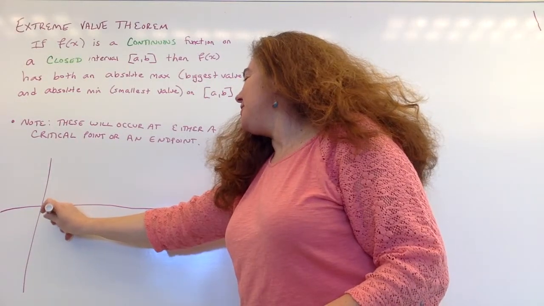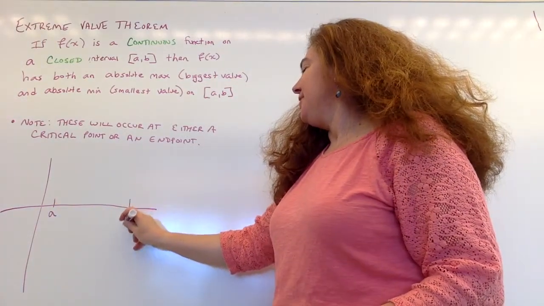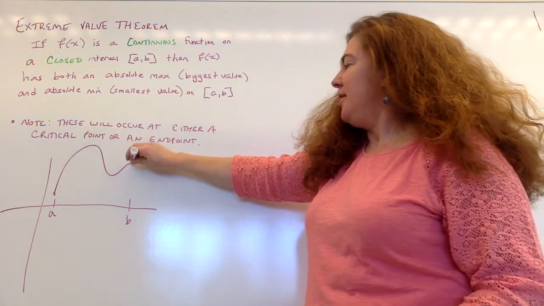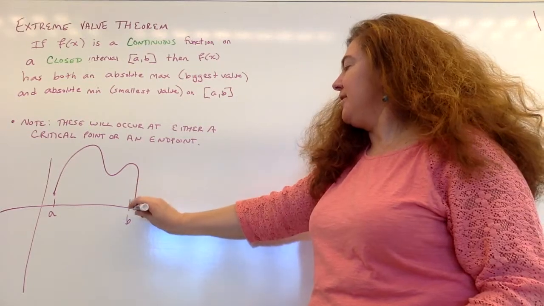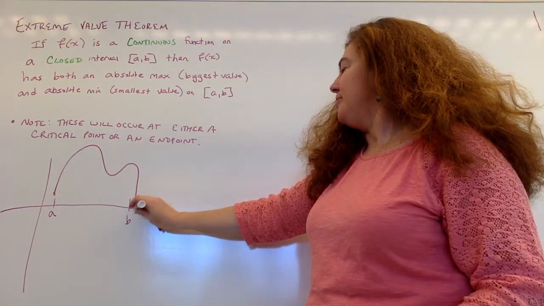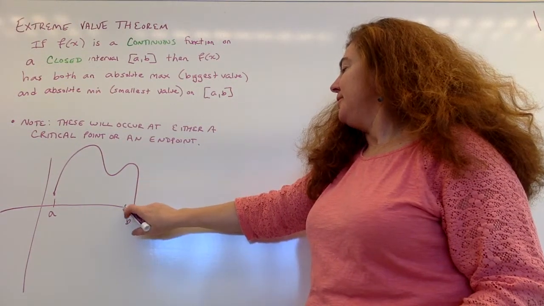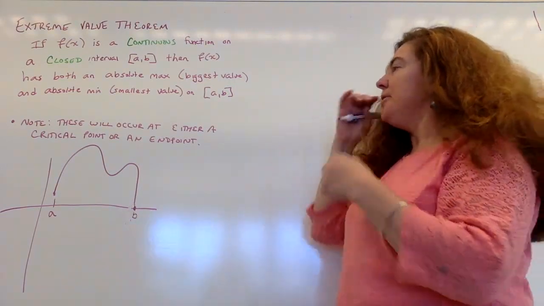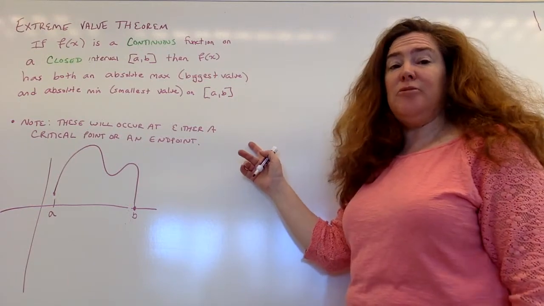So let's suppose here's A, here's B. And let's suppose it looks like, well, we'll move B over just a little bit. Sorry, we'll make this be B right there. And we said these are going to occur at a critical point or an endpoint.